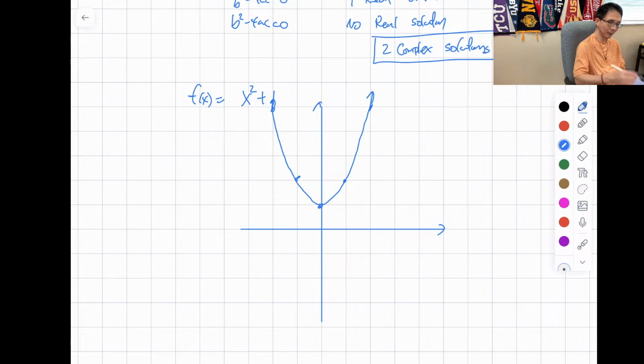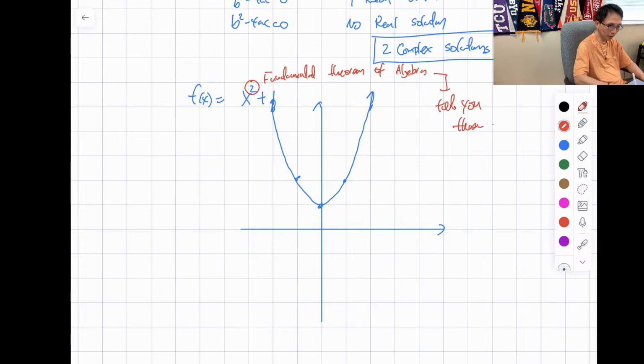But remember who invented the fundamental theorem of calculus? Sorry, not calculus, the fundamental theorem of algebra. The fundamental theorem of algebra tells me that if there's a 2, that means there are two x-intercepts, two solutions, two roots, two zeros.